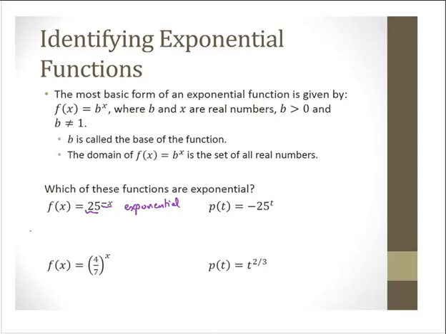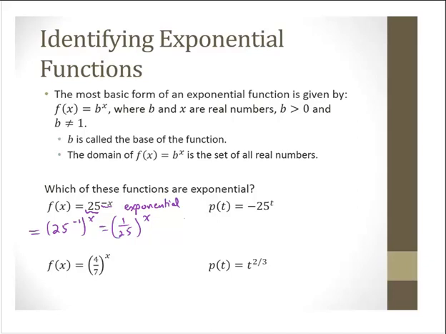So notice 25 to the negative x, that's the same as 25 to the negative 1 to the x power, which is 1/25 to the x power. And so if we look at it in that way, it's definitely an exponential function, because we have a base of 1/25 raised to the exponential power.